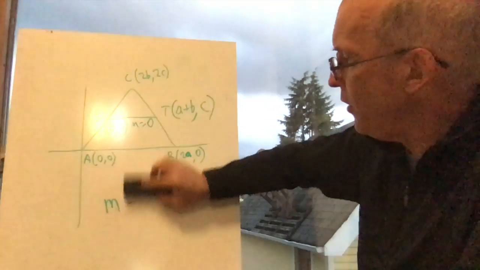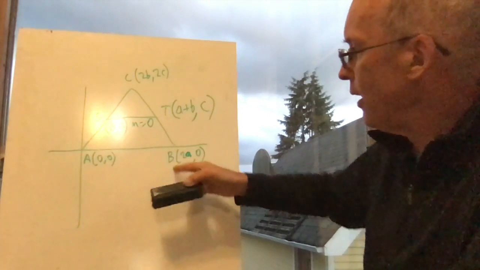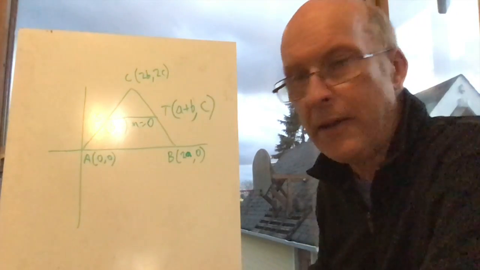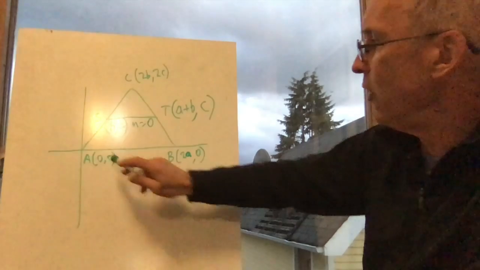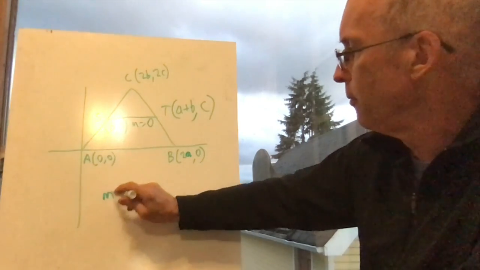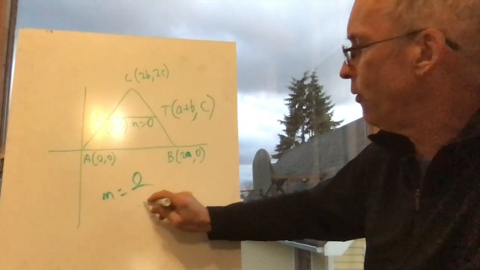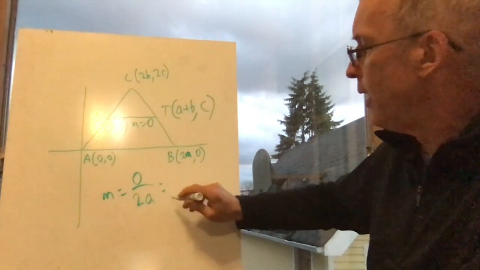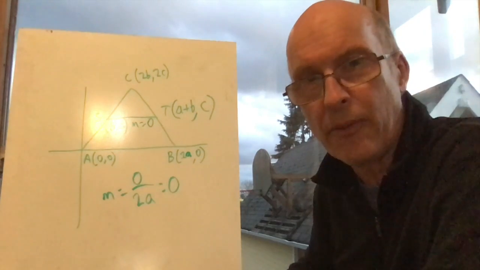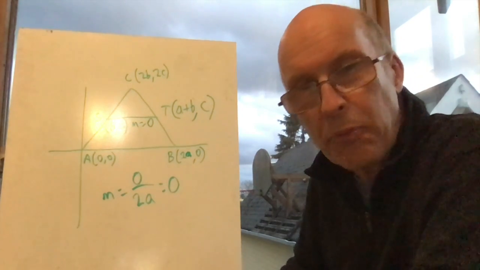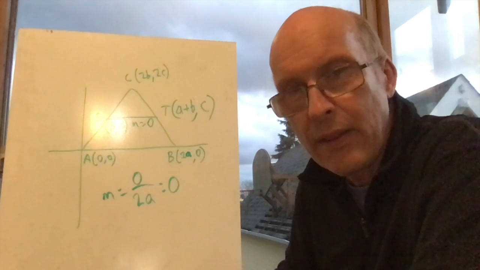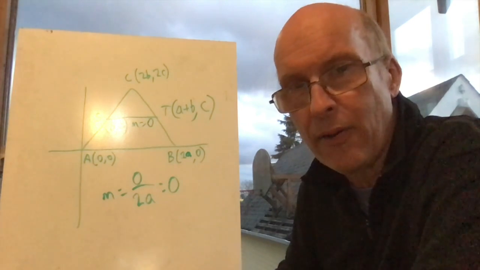Let's do the same thing for line segment AB. 0 minus 0 is 0. 2a minus 0 is 2a. And again, the slope is going to be 0. If both my slopes are the same, that proves that the lines are parallel.